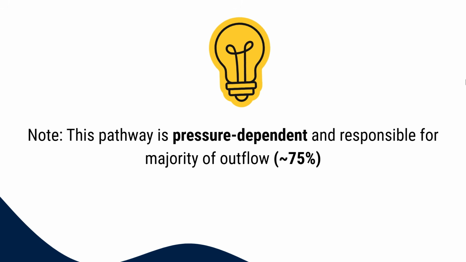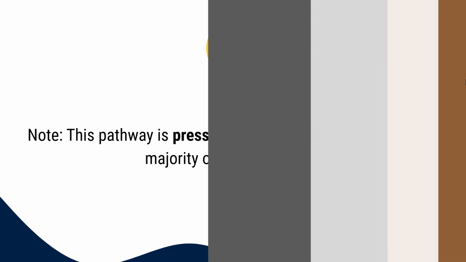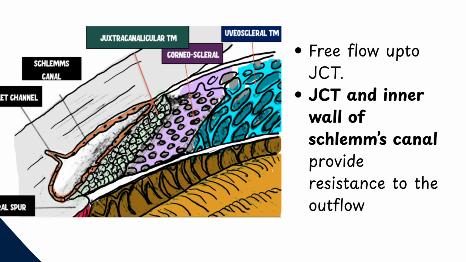Now this trabecular pathway is basically a pressure-dependent pathway and is responsible for the majority of the outflow, about 75%. There is a free flow of aqueous up to the juxtacanalicular trabecular meshwork. However, beyond that, the juxtacanalicular trabecular meshwork itself and the inner wall of the Schlemm's canal provide some resistance to the flow of the aqueous.